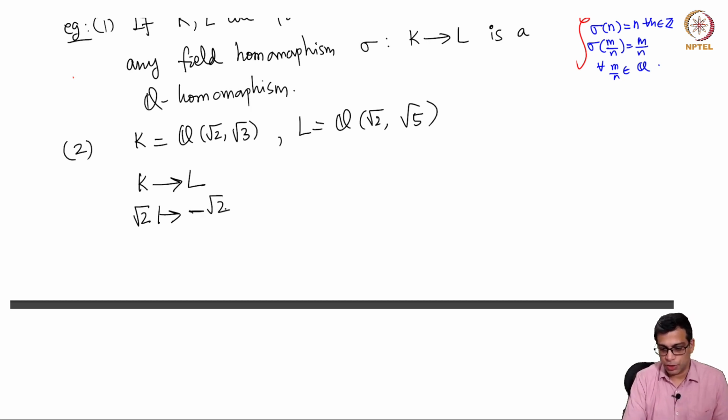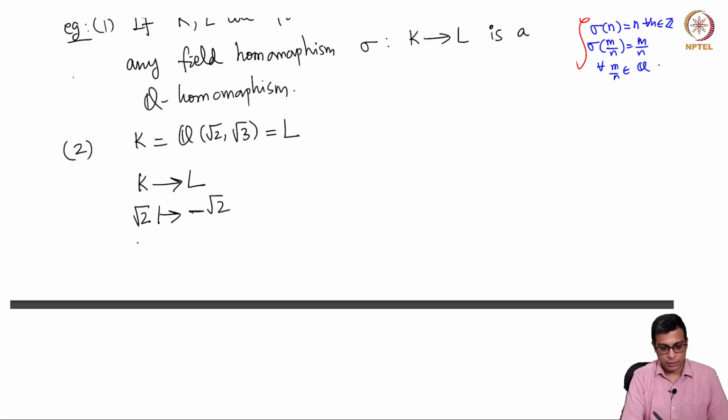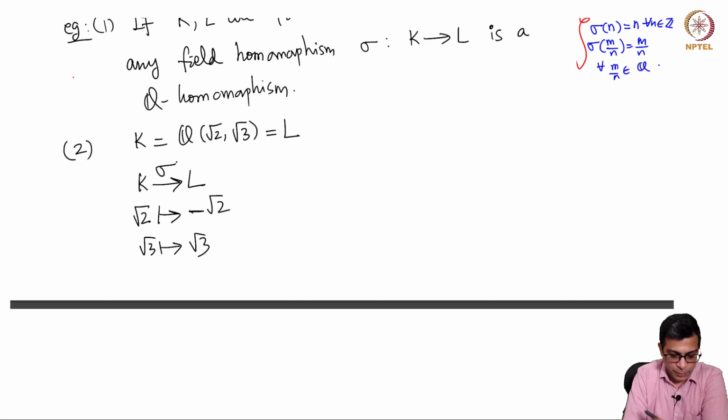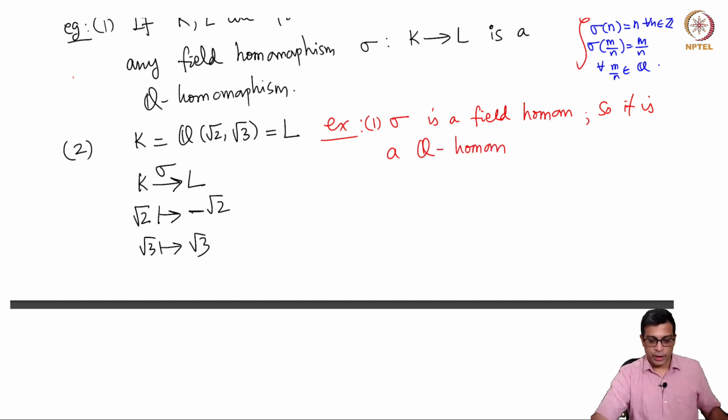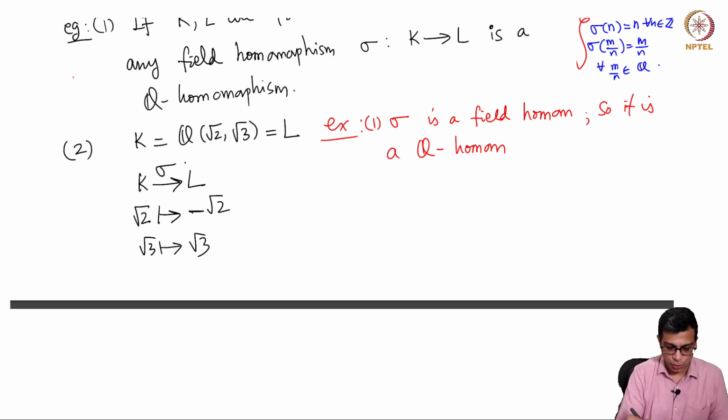Here I'll take K to be this itself, L to be this itself, and root 3 to root 3. So sigma, this is an exercise for you. Sigma is a field homomorphism. So check this. This is the first exercise. So it is a Q homomorphism. And note that you have K equals L.